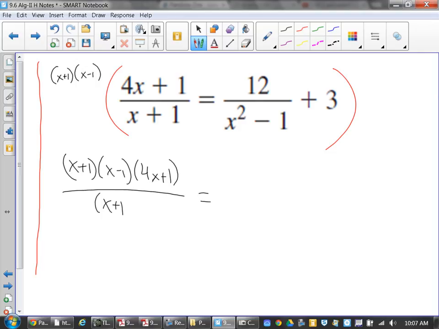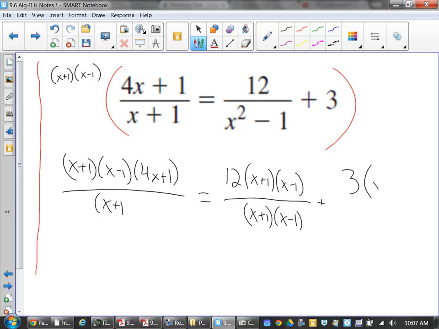Next one, you get 12, x plus 1, x minus 1, over x plus 1, x minus 1, plus 3, x plus 1, x minus 1, and there's no denominator. Now, at this point is when your denominators will all go away because you've multiplied both sides of the equation by the common denominator.